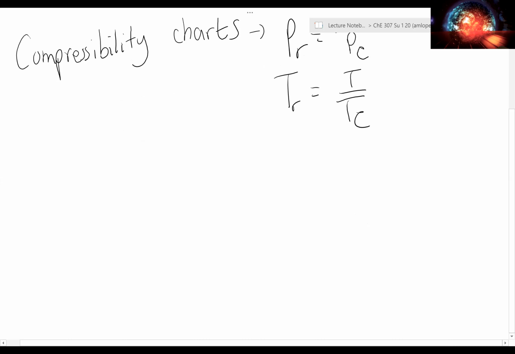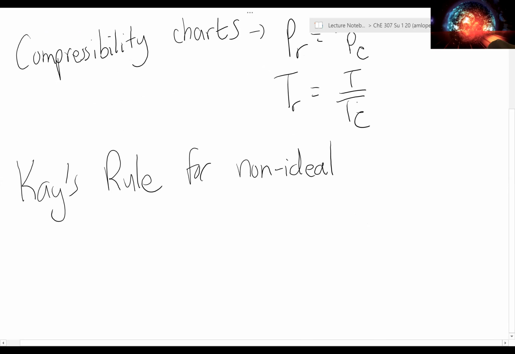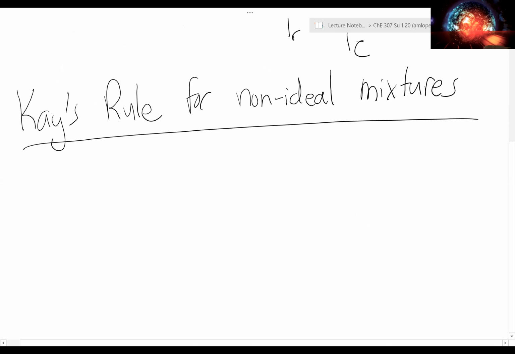And so what we fall back on is what's known as Kay's rule for non-ideal mixtures. And what Kay's rule allows is to come up with what's known as a pseudocritical temperature and pressure for a mixture.